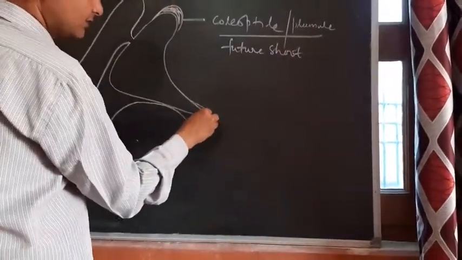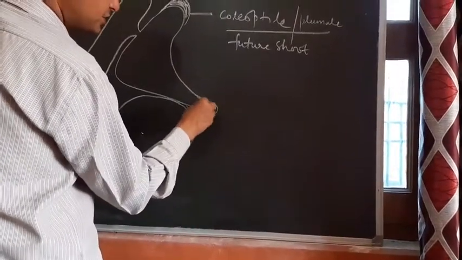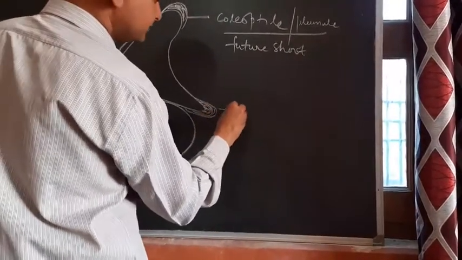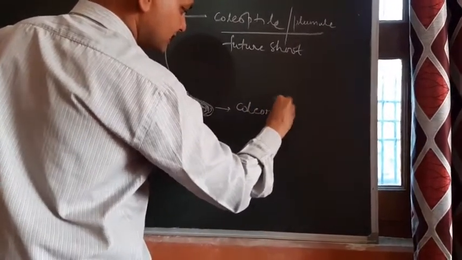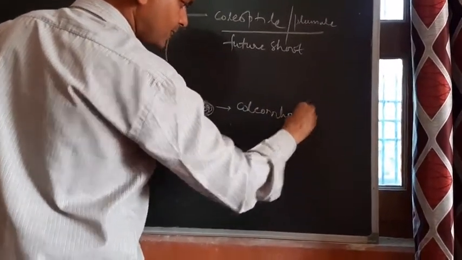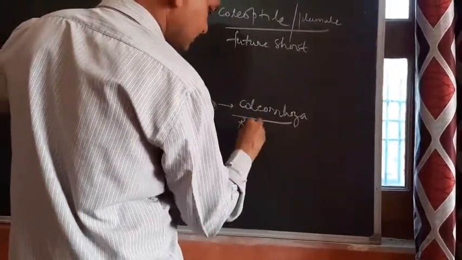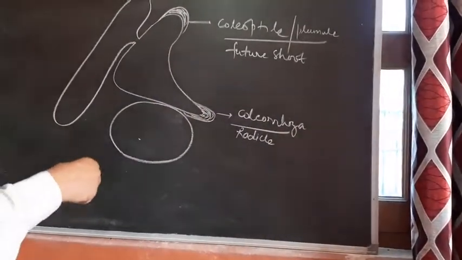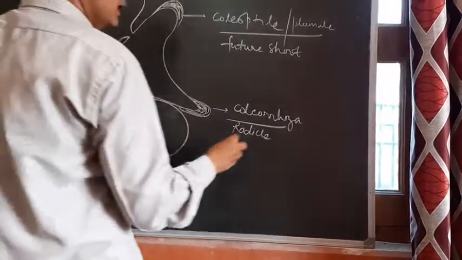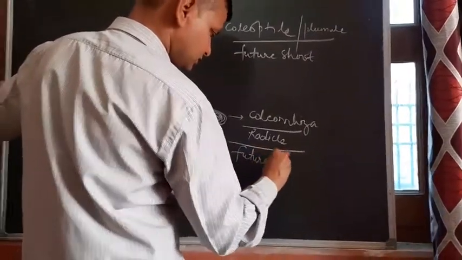This end will also be covered by a sheath, and this sheath is actually the coleorhiza, which is the radical, and it is covered by a sheath. So coleoptile and coleorhiza, these two. And this is basically the future root.